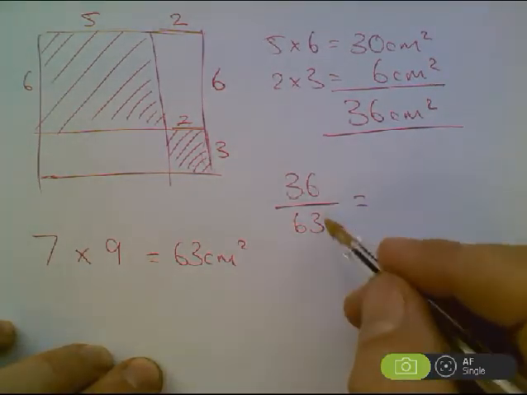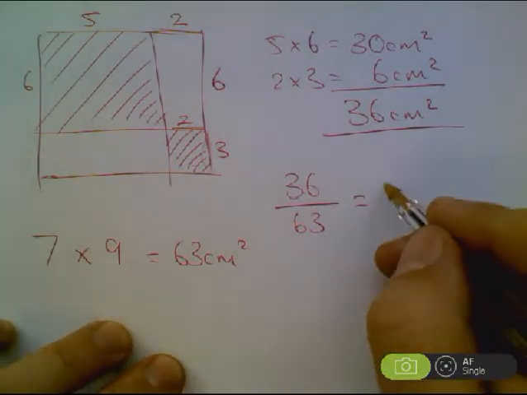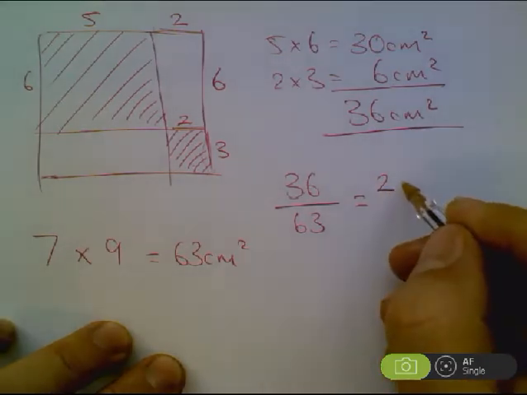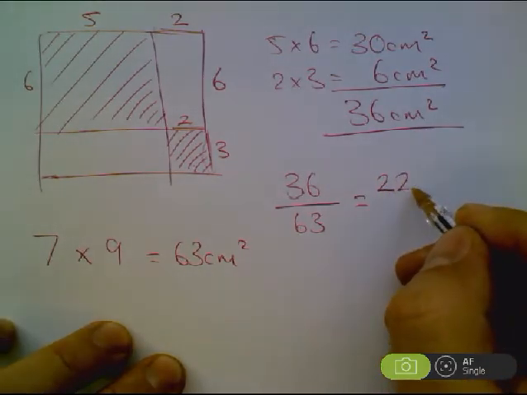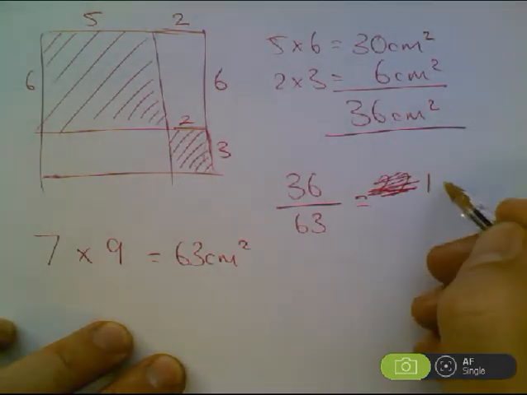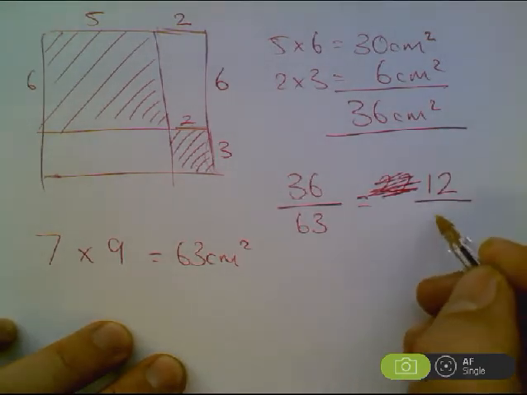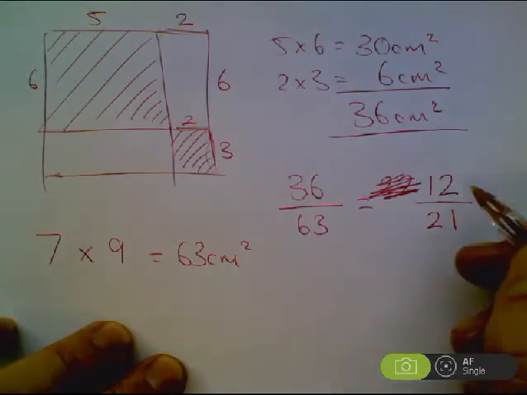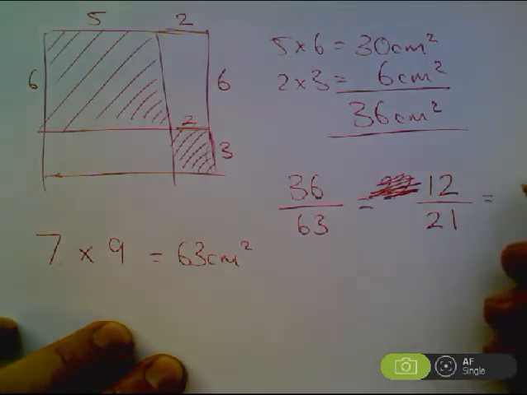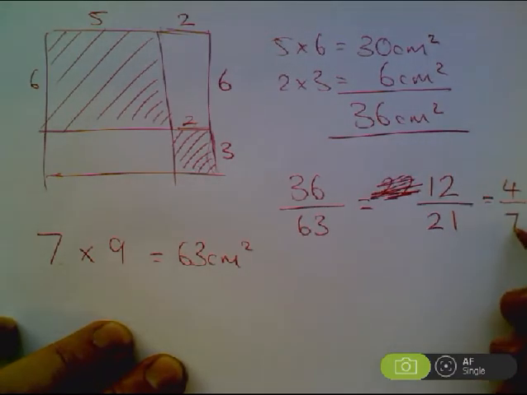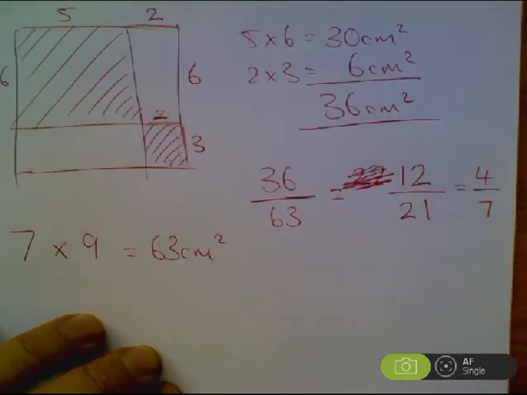I can see they're in the 3 times table, so I'll divide by 3 and get 12 over 21. I can see they're both in the 3 times table again, so that's 4 over 7. So 4/7 of the overall shape is shaded.